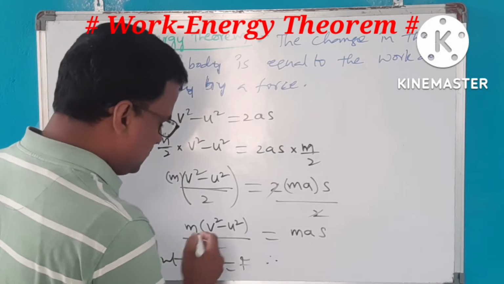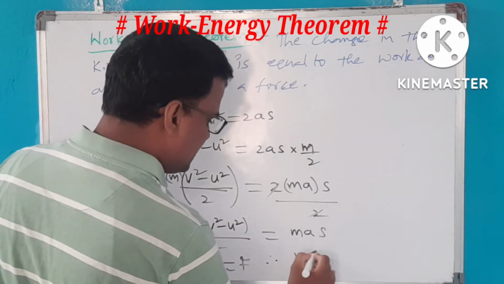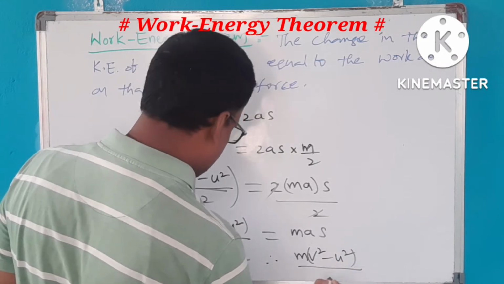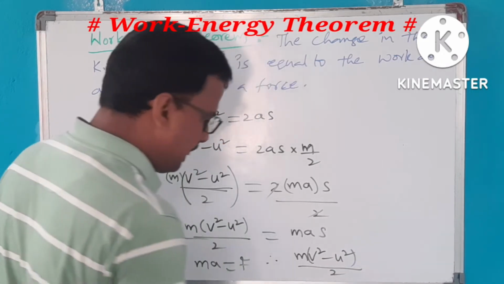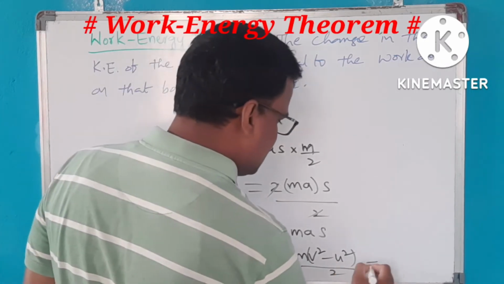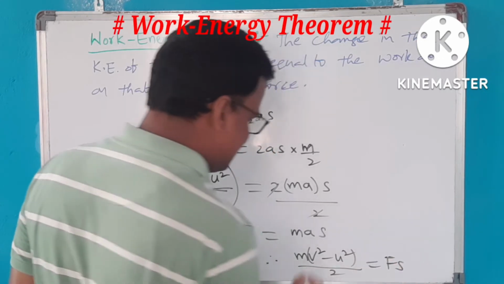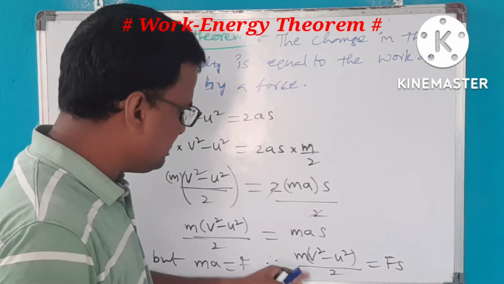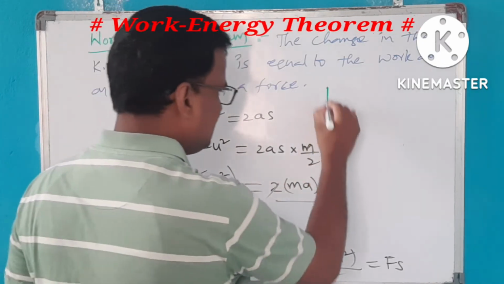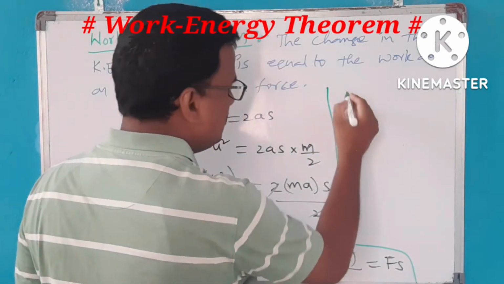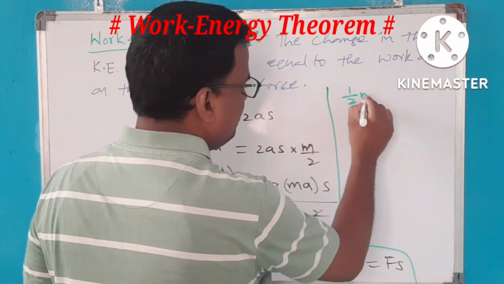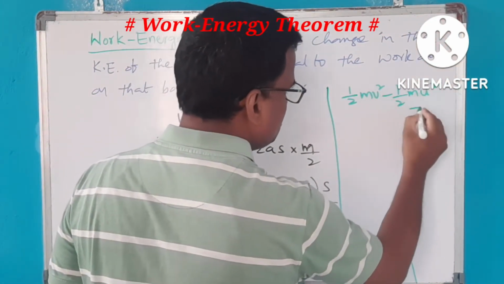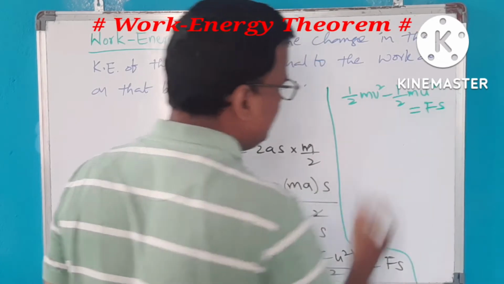Therefore, m (v square minus u square) by 2 is equal to Fs. Now we can simplify this equation. We get half mv square minus half mu square equal to Fs.